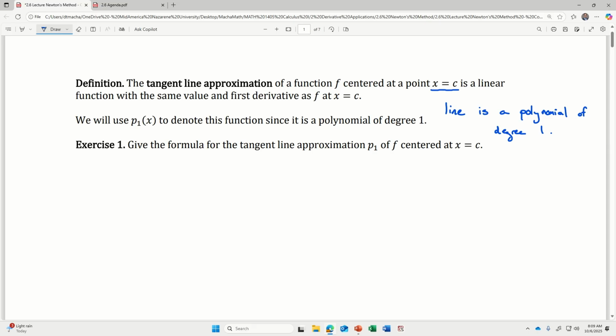Exercise 1 just says, give the formula for the tangent line approximation of f centered at C. So I know that my line could be written in the slope-intercept form of a line.